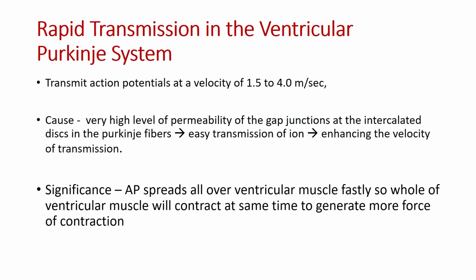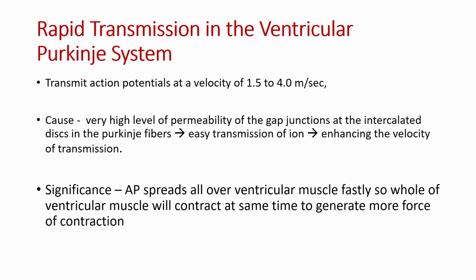Rapid transmission in the ventricular Purkinje system. The Purkinje fibers transmit action potential at a velocity of 1.5 to 4 meters per second. The cause is the very high level of permeability of the gap junctions at the intercalated discs in the Purkinje fibers.